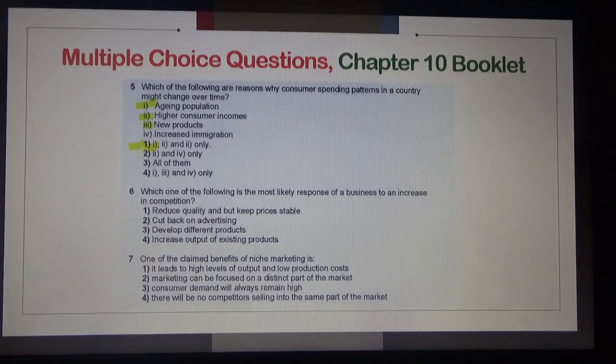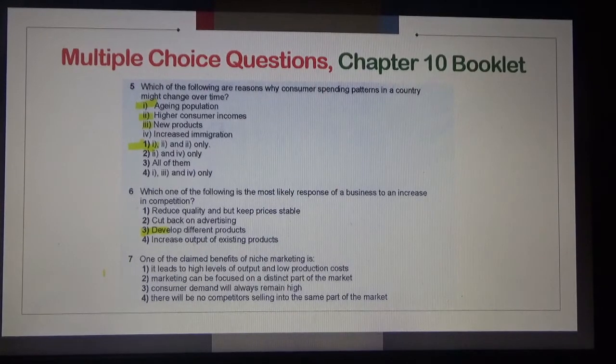For number 6, we have which one of the following is most likely response of business to an increase in competition. Okay, we have to develop different products for a change to be different from our competitors. Number 7, one of the claimed benefits of niche marketing is number 4, there will be no competitors selling into the same part of the market.